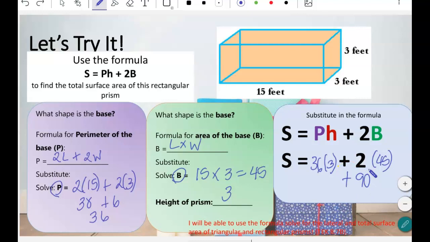I'm going to have to use a calculator to do 36 times 3. Maybe you got it already in your head. 108. So then we're going to add those together. And that gives us the total surface area. So 108 plus 90 is 198.